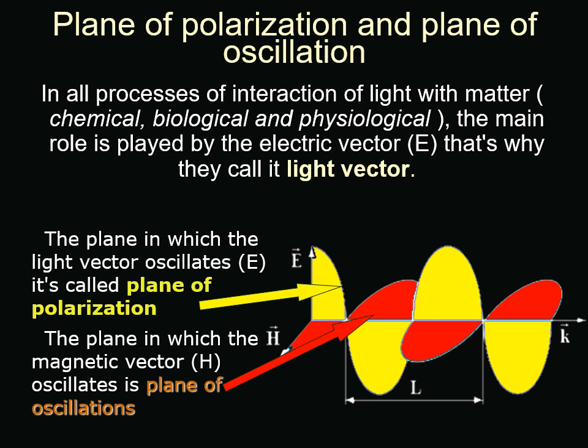That is, not the magnetic, but the electrical component. Therefore, this vector E, which describes or sets the vibrations in this plane, is also called the light vector. Although the electromagnetic wave is something inseparable, that is at least how we should imagine it.